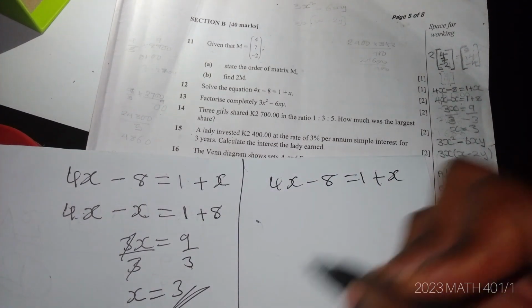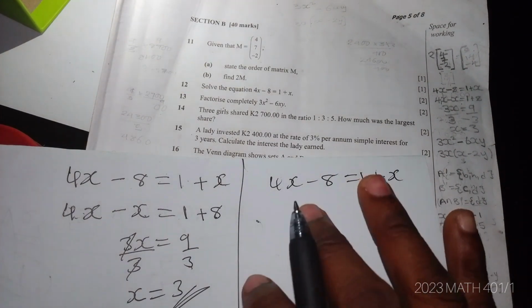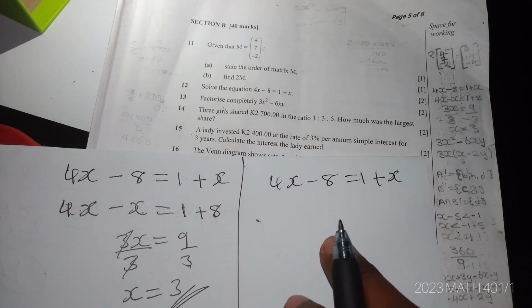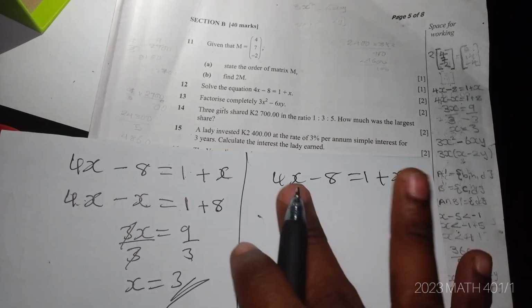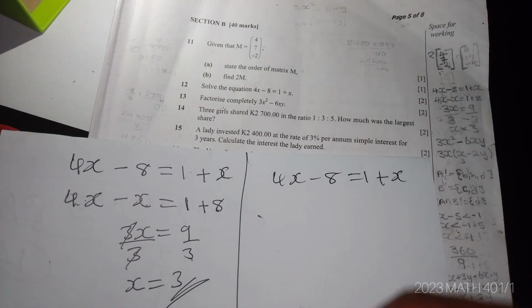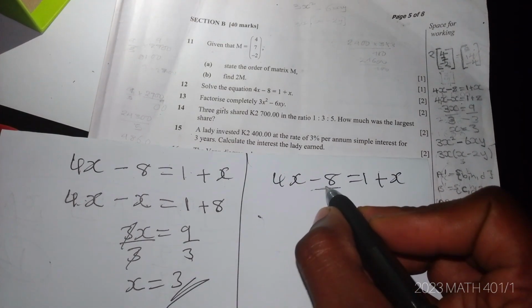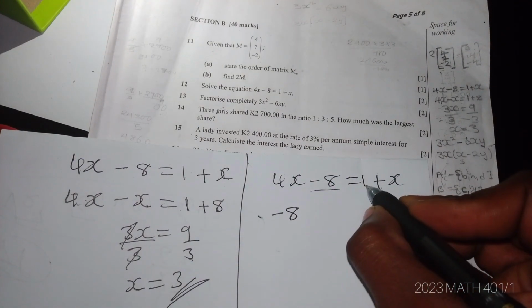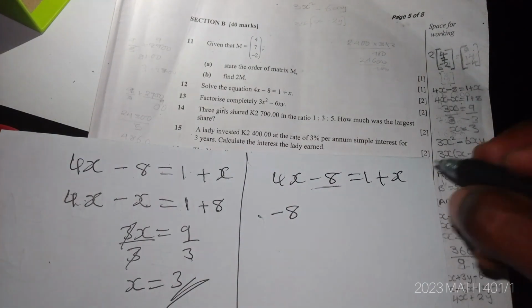An alternative method, like I said, is to take this 4x to the other side. I'm only showing you this because some of you will be tempted to do this and then end up messing up with the signs. So I'll give you both methods in case you decide to use this one here. Since the 8 has not been moved, it will remain a negative. And then this one here was positive on the right hand side.